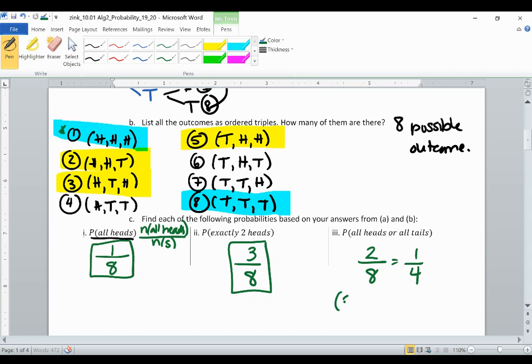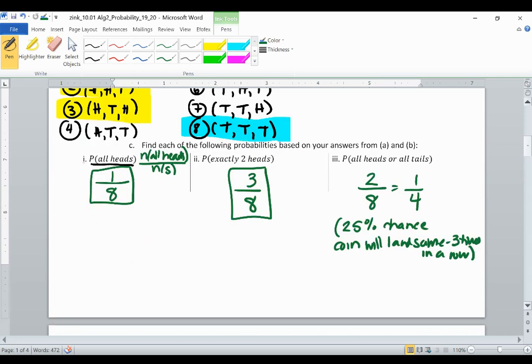Or as a percent, you could say there's a 25% chance the coin will land the same 3 times in a row. So sometimes percentages are helpful to visualize it. Sometimes we like to do them as fractions, and usually the problem will specify, and if it doesn't, you can do either one.